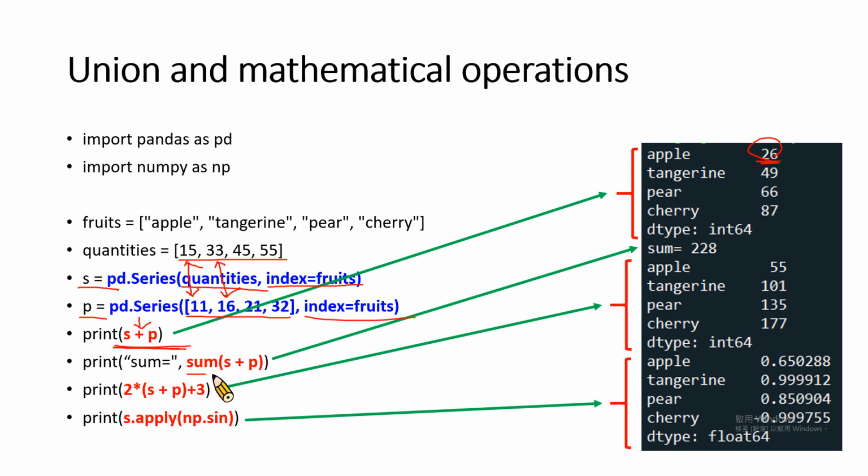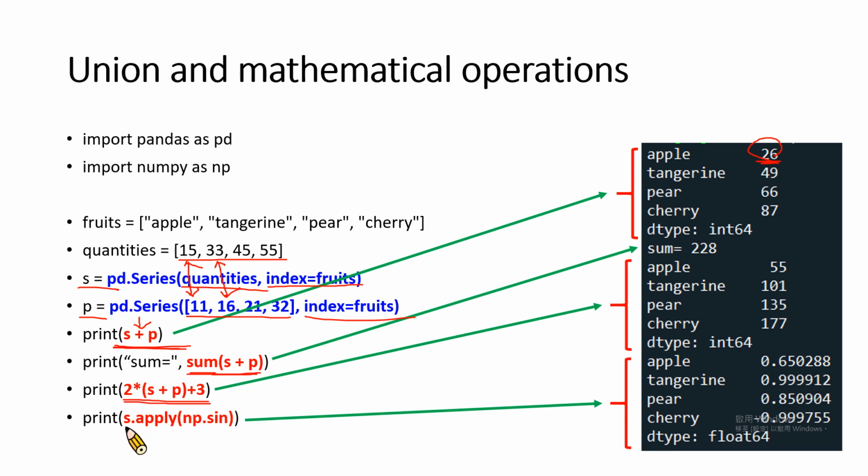And we can also apply the sum function. The sum function will add all the values and show the result. Like this we can do some simple calculations on this series, so no problem.